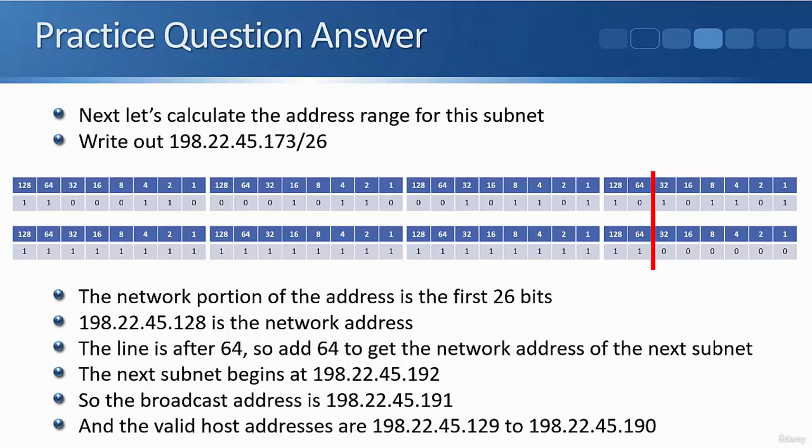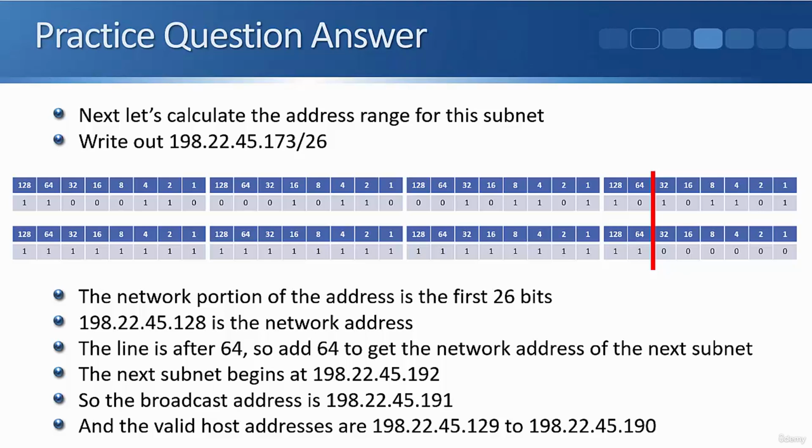So we've got the network address and the broadcast address. The possible host addresses are going to be the addresses that lie between those two numbers. So that would be 198.22.45.129 going up to 198.22.45.190. Okay, so that's how we can figure it out very manually and very logically.